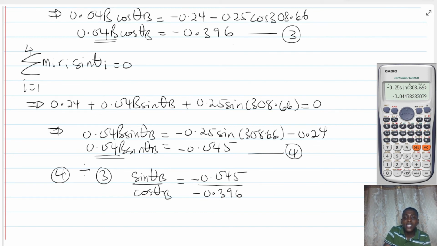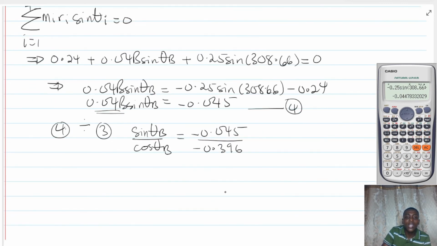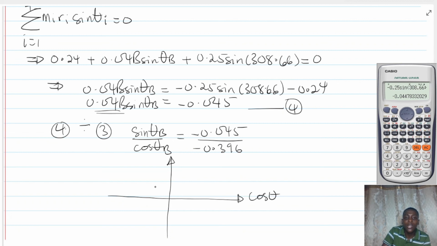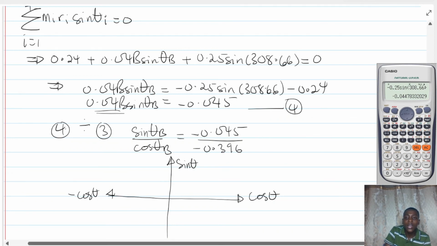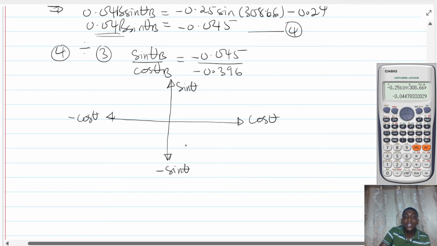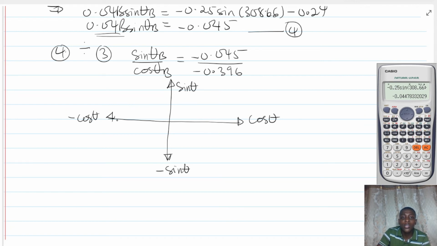Since sine and cosine are both negative, if I draw the quadrant, cos theta is negative and sine theta is also negative, so we are in the third quadrant.